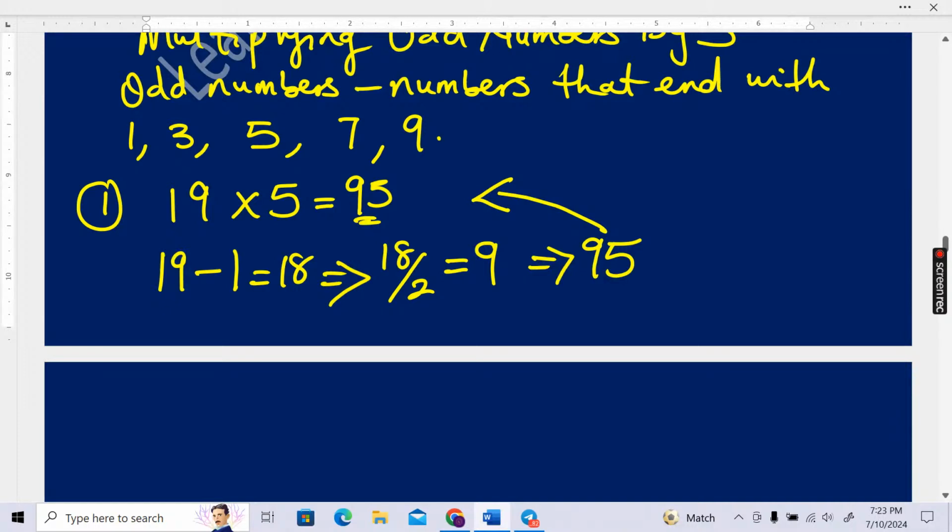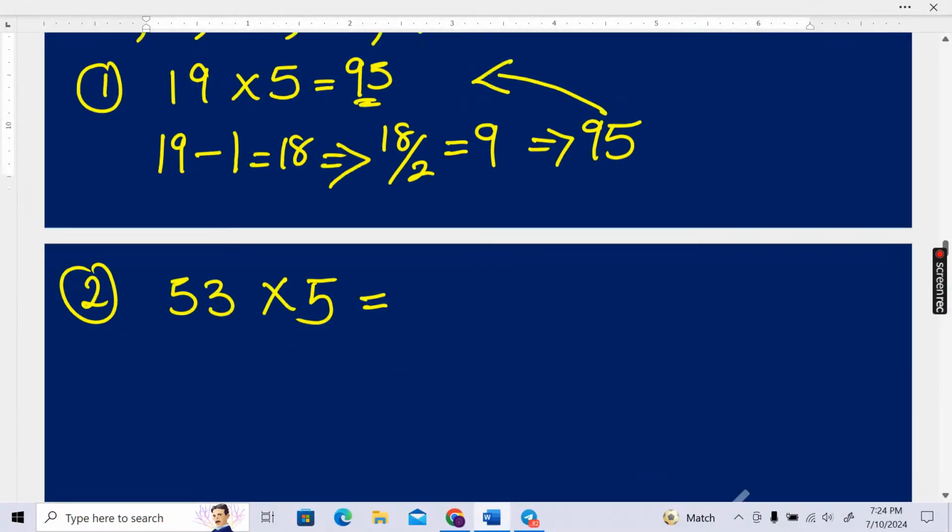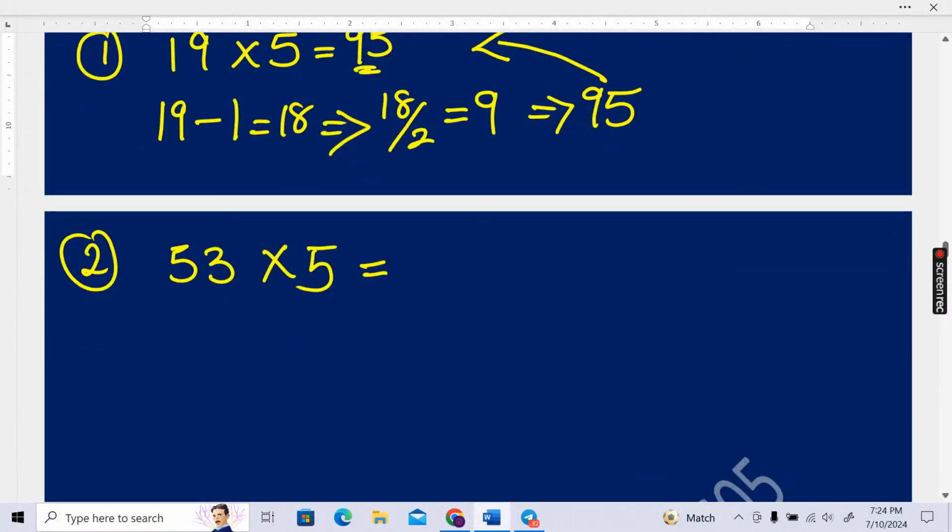Okay, so let's look at another one that will make you understand better. What is 53 times 5? This is another odd number. When multiplying an odd number by 5, subtract 1 from the odd number. Do it mentally, in your head. When you subtract 1 from 53, you're going to have 52.